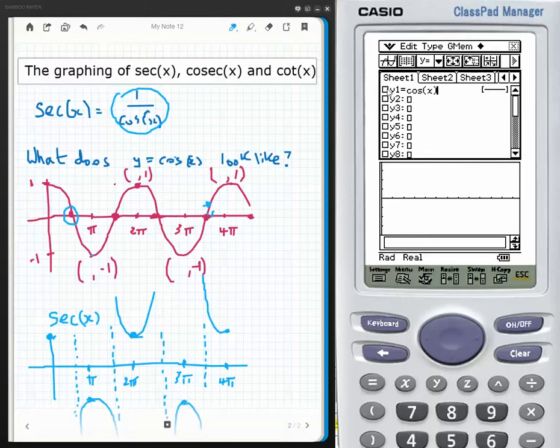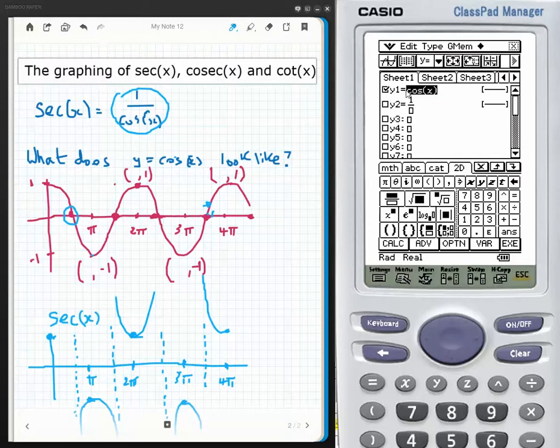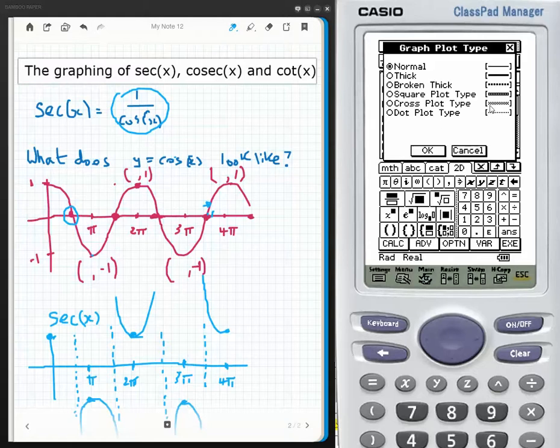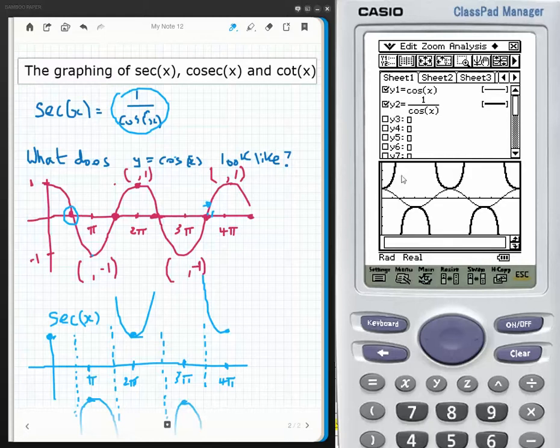And that's the graph of what's in red. If I take one divided by the cos of x, here are those curves that are drawn here in blue.